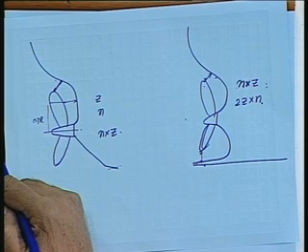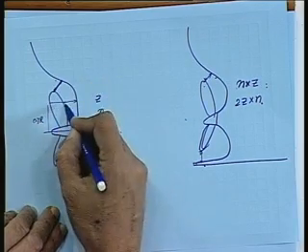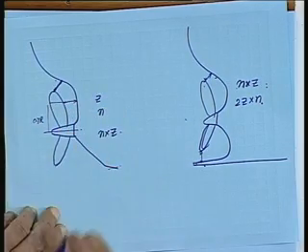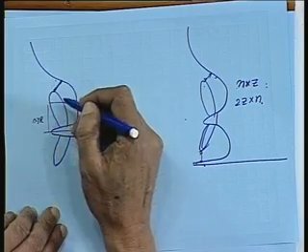Closest distance need not be vertical or at an angle. No, this tip distance and this distance. At 0.7 R this distance and the tip clearance. The rules will specify what should be the minimum permissible.